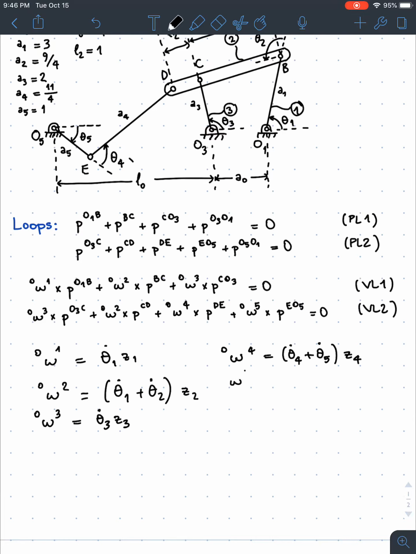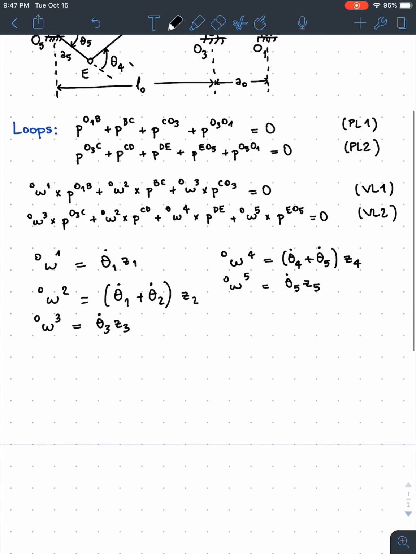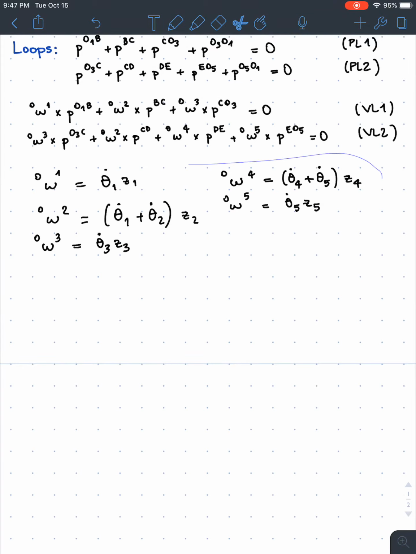And angular velocity of 5 in 0 was equal to theta 5 dot in the z5 direction. Okay, let's compute these. So why are these this way? Let me pull these down here.